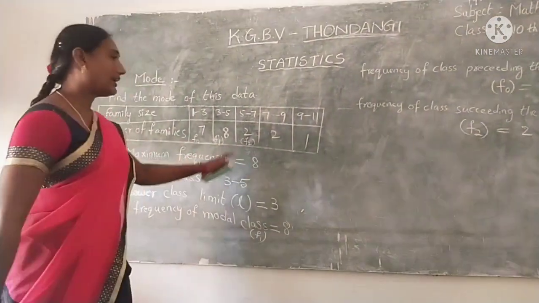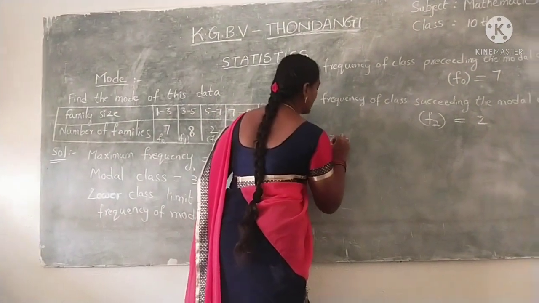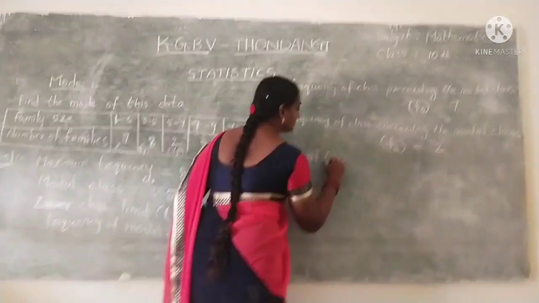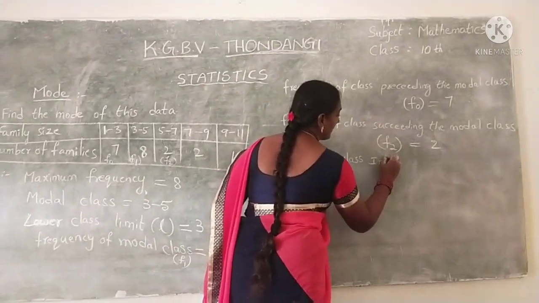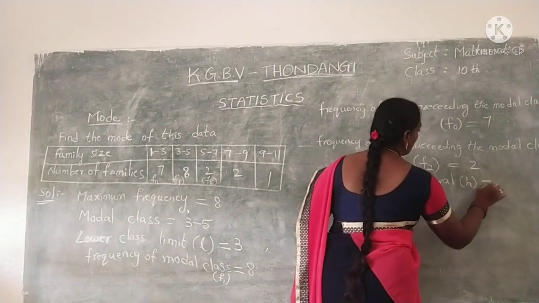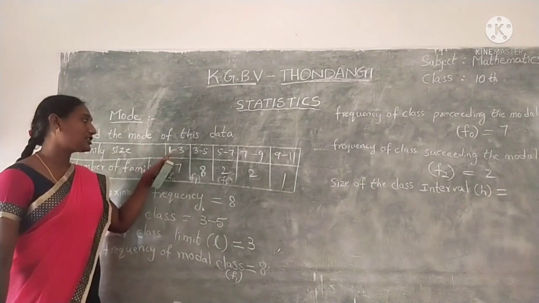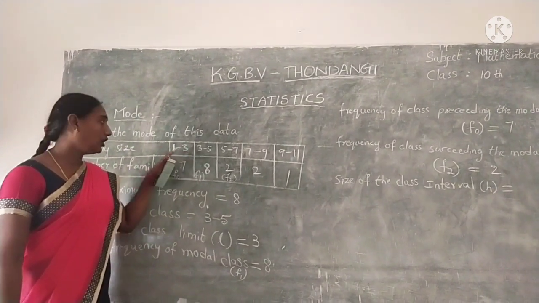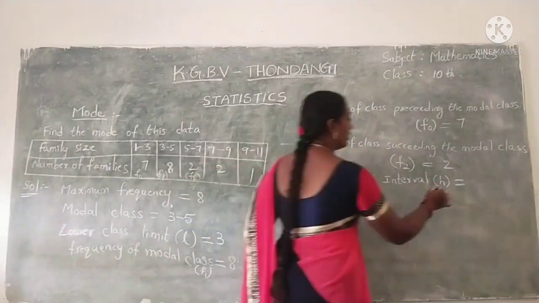And then find next, the size of the class interval, that means H. What is the value of H here? Size of the class interval means difference between upper class limit and lower class limit, that is 3 minus 1 equals 2.